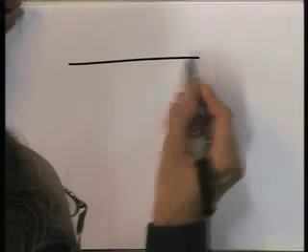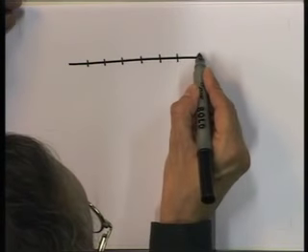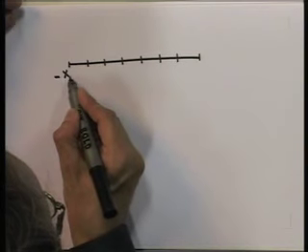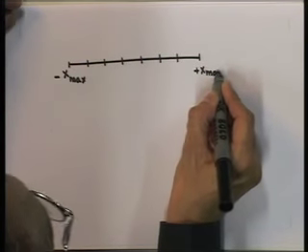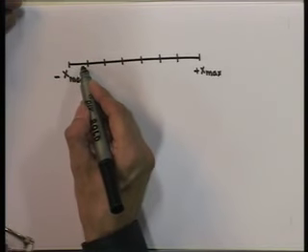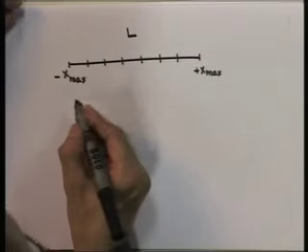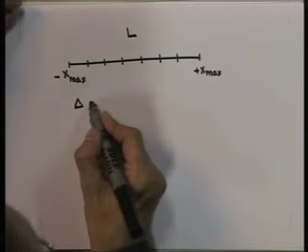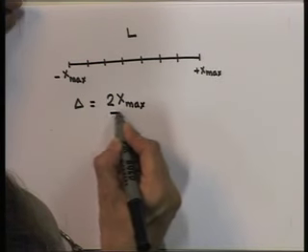Now, this implies that we need to divide the input range minus x max to plus x max into L equally sized intervals, and in this case the step size delta is given by 2 x max upon L.